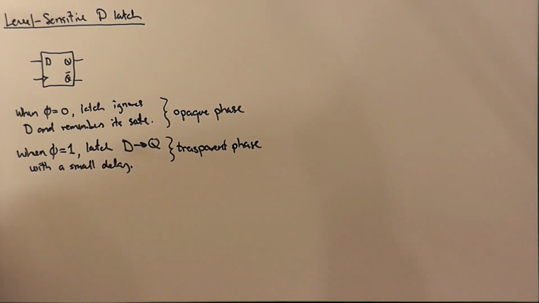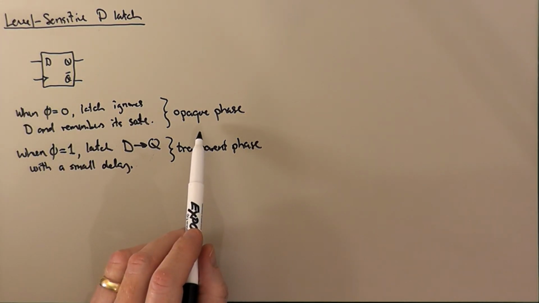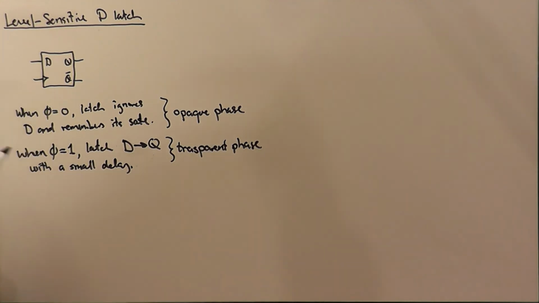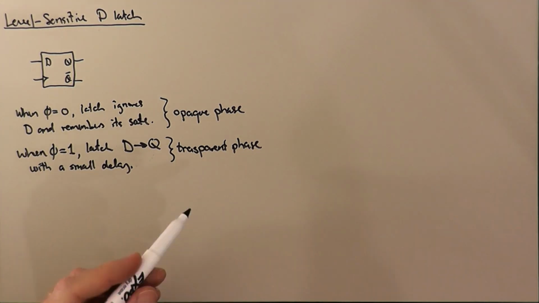So when the latch is in the phi equals 0 or low state, it's opaque, nothing goes through it. When phi is high, it's in the transparent phase, D just flows straight through it with a little bit of delay.